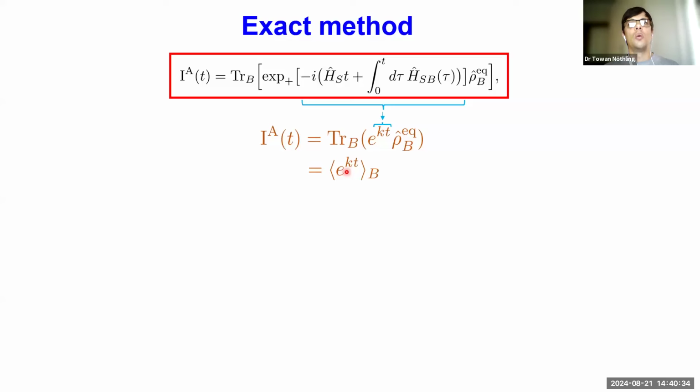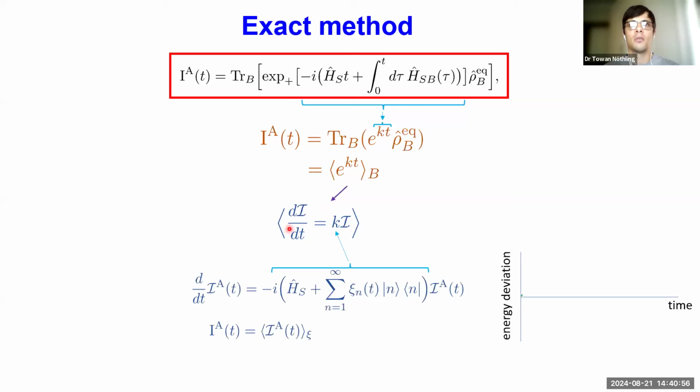Now, we know that an exponential function can be generated using this differential equation. So our plan will be to solve such a differential equation a large number of times stochastically, and then take the average of the result.